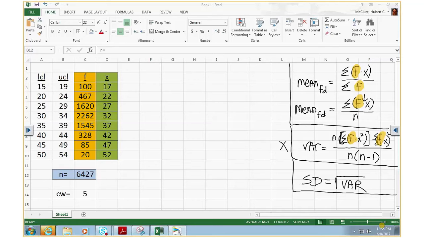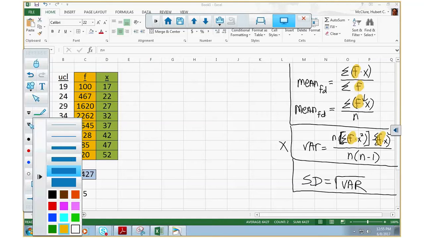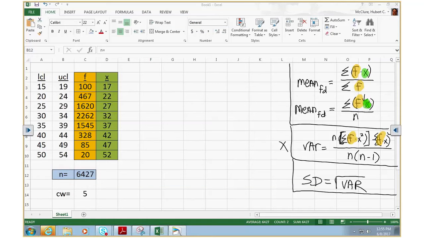And then we're going to take another highlighter and we're going to color it green. Or X, I'm sorry. And there's an X. There's an X. There's an X. There's an X.